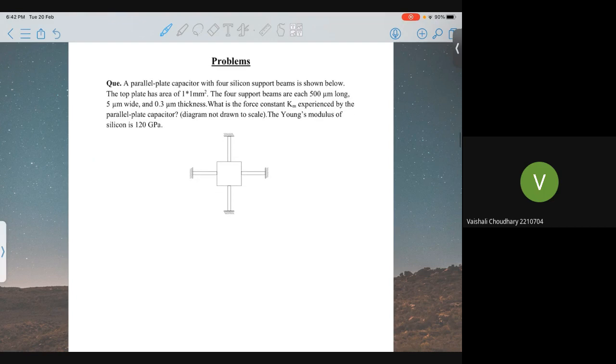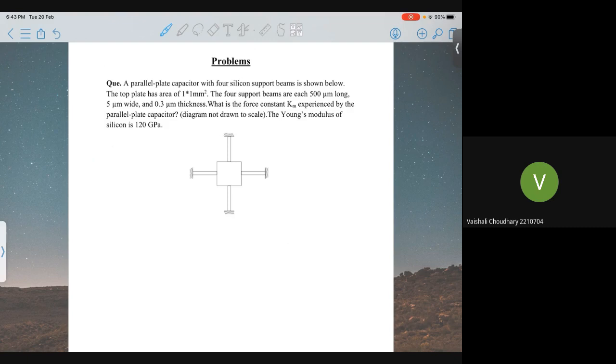Yes. So the problem is a parallel plate capacitor with 4 silicon support beams, as shown below. The top plate has an area of 1 cross 1 square. The 4 support beams are each 500 micrometer long, 5 micrometer wide, and 0.3 micrometer thickness.